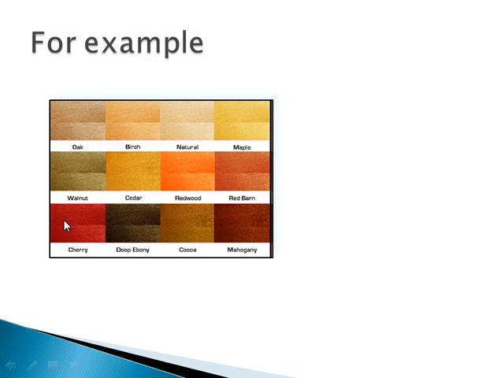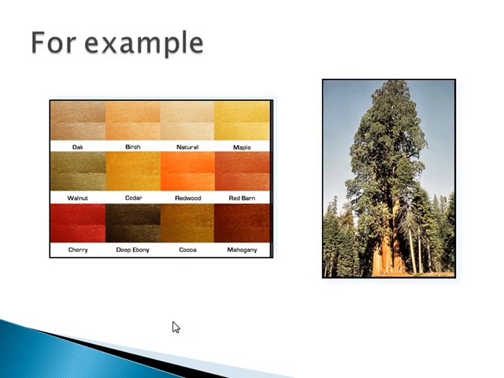Red. So, can I say it's a red wood? Isn't this a red piece of wood? This is red and this is wood. So it's red wood, but never redwood.